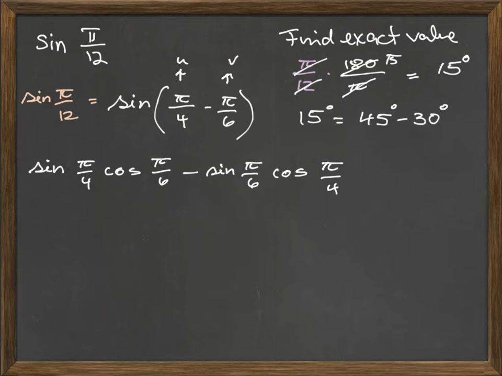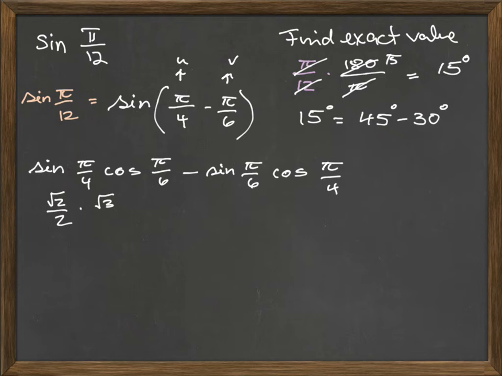Okay, what is the sine of pi over 4? Well, that's the same as the cosine, square root of 2 over 2. Cosine of pi over 6 is what? Ladies and gentlemen? The cosine of pi over 6. Pi over 6 is 30 degrees.